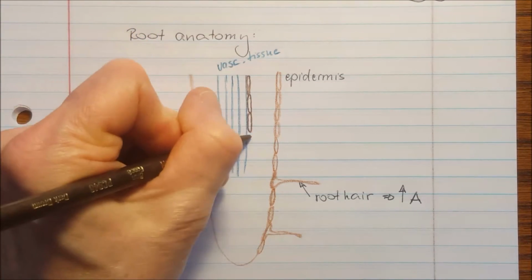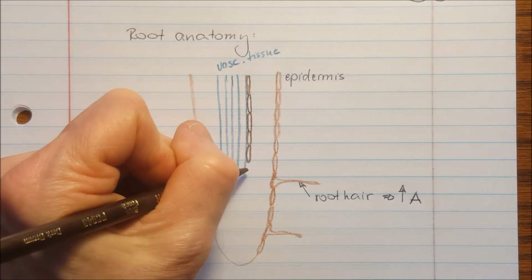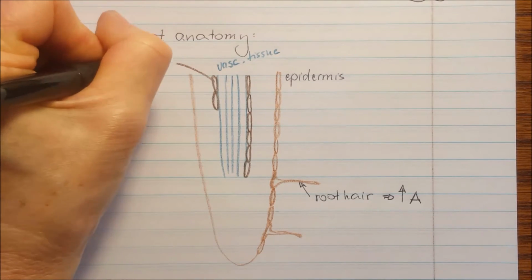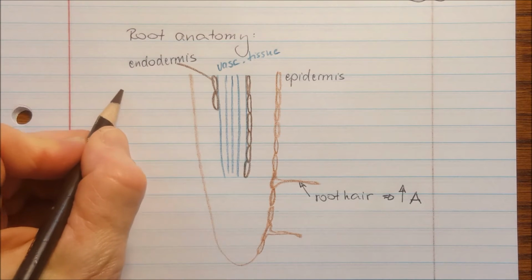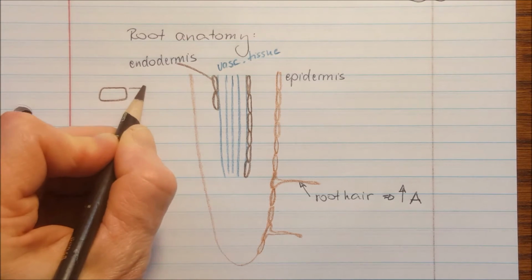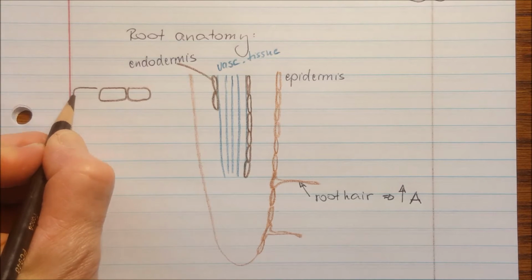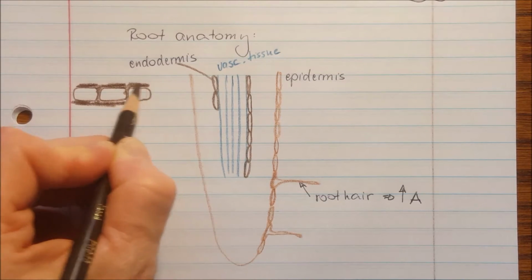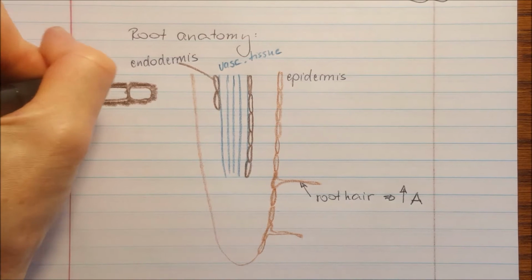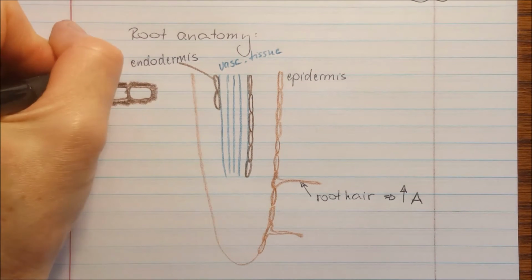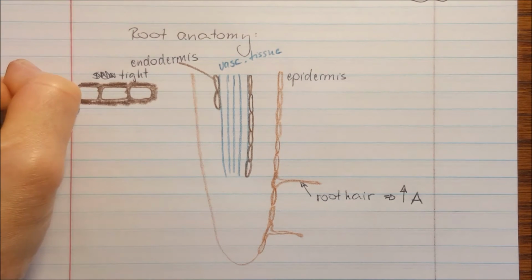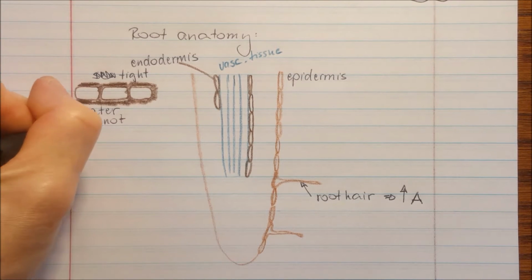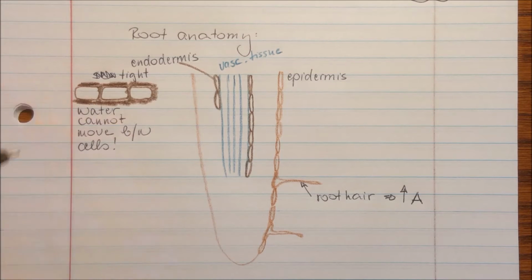And the vascular tissue is covered by the endodermis. The endodermis is a very water-tight layer of cells. Water cannot seep between the cracks, only through the cells, and they don't let the water move in two directions.